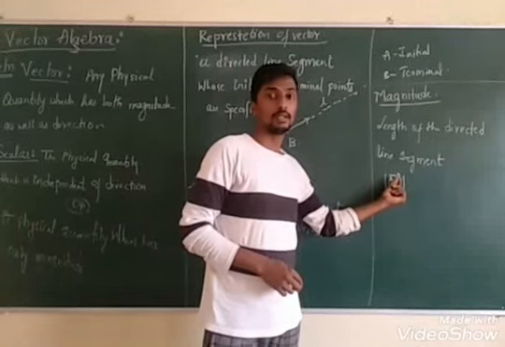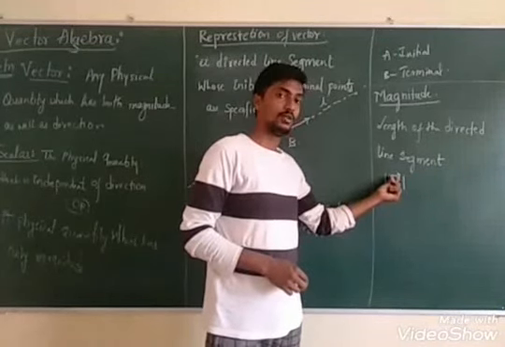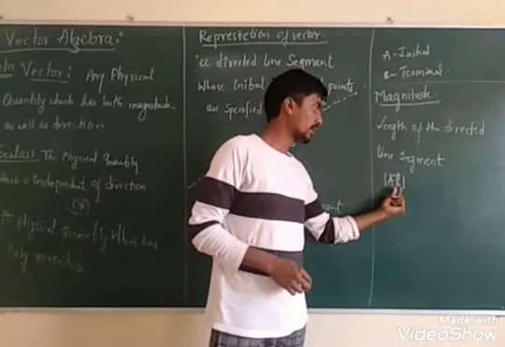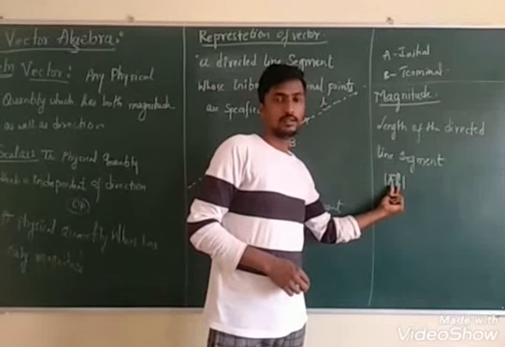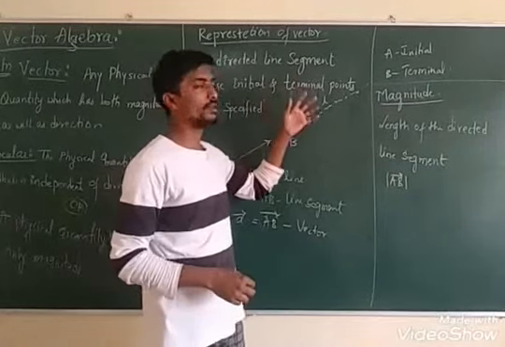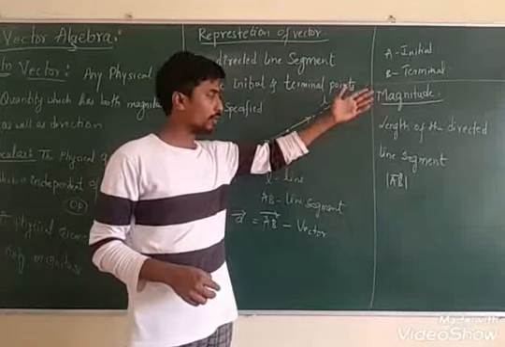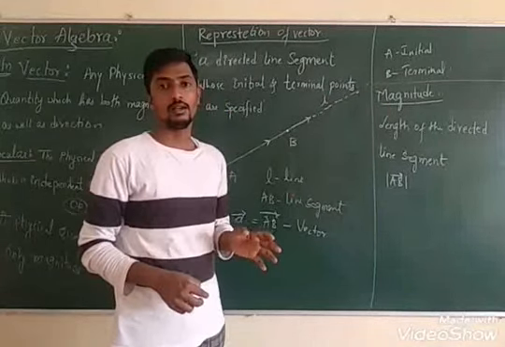Magnitude of the vector here. I am not saying line segment here, I am saying the vector, so you have magnitude as well as direction. This is exactly the representation of the vector, and what is meant by its initial point, its terminal point, and magnitude.